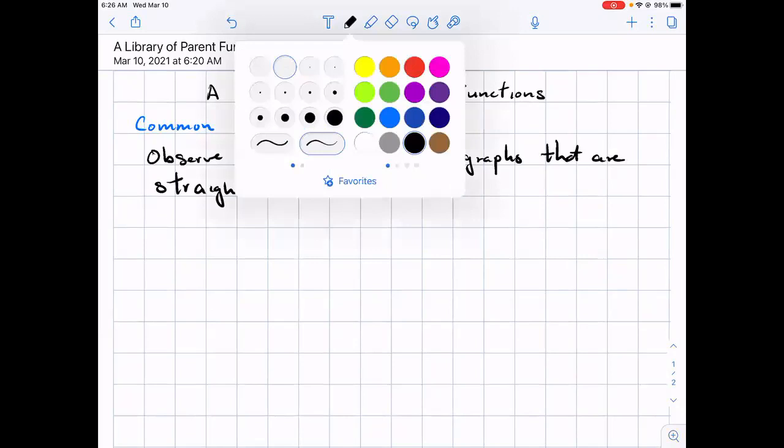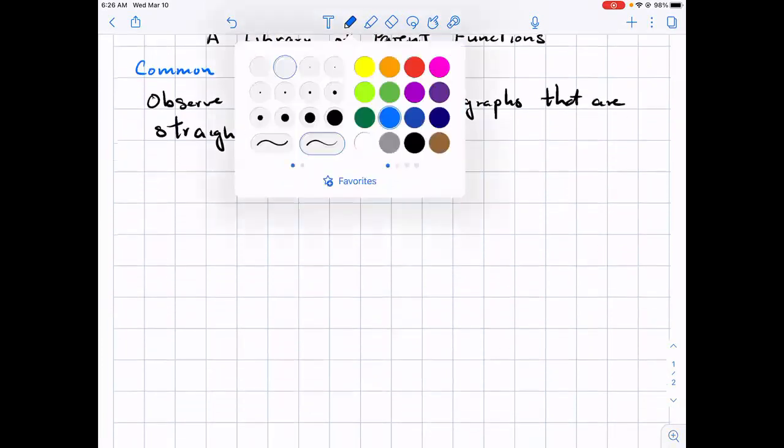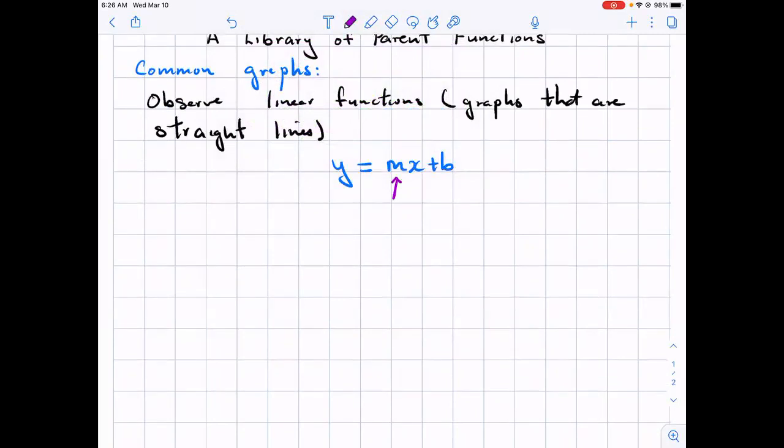And for linear functions, the equation in slope-intercept form is y equals mx plus b, where we know that m is the slope and b, or (0, b), is what we call the y-intercept.